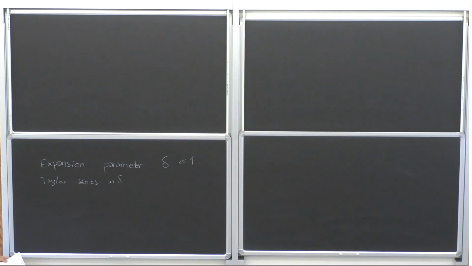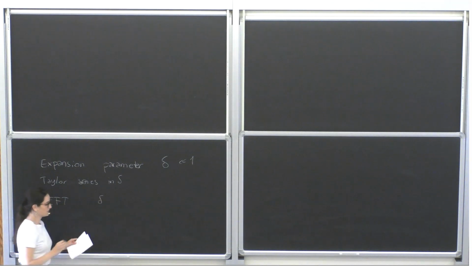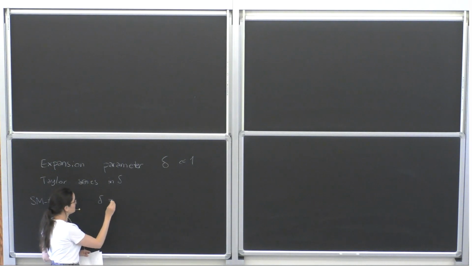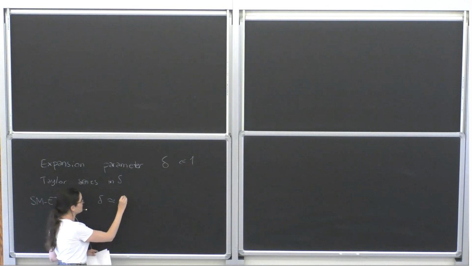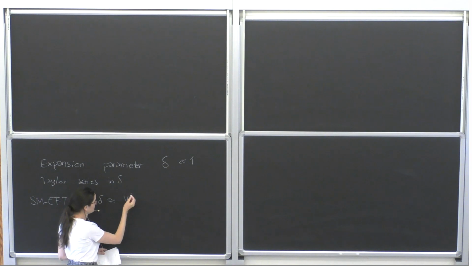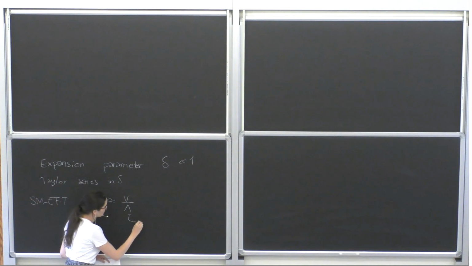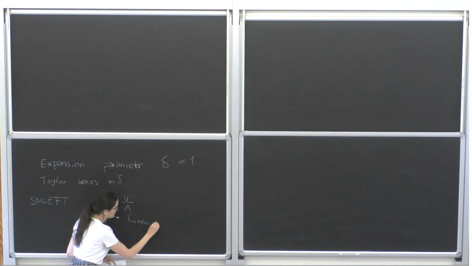So for the particular case of the standard model EFT that we care about, now this delta is a ratio of scales. So I can tell you that this delta, very roughly, is the electroweak scale over some lambda, where this lambda is some sort of new physics scale.